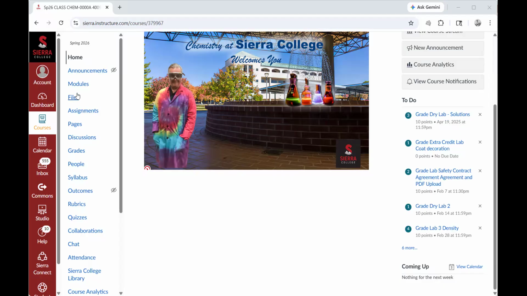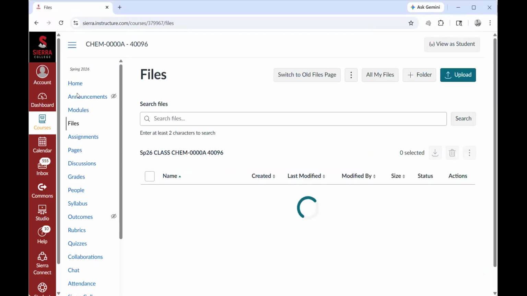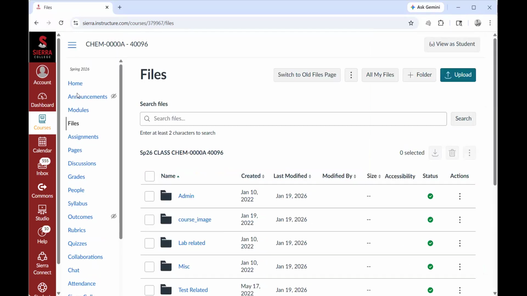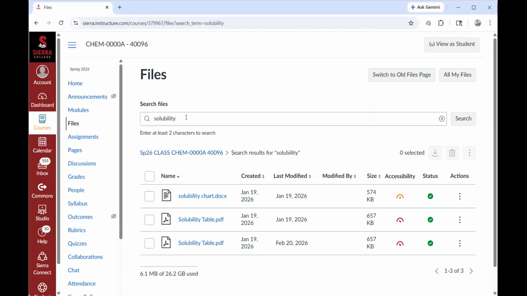Under Files, do a search for solubility. Solubility chart, table. You want the table.